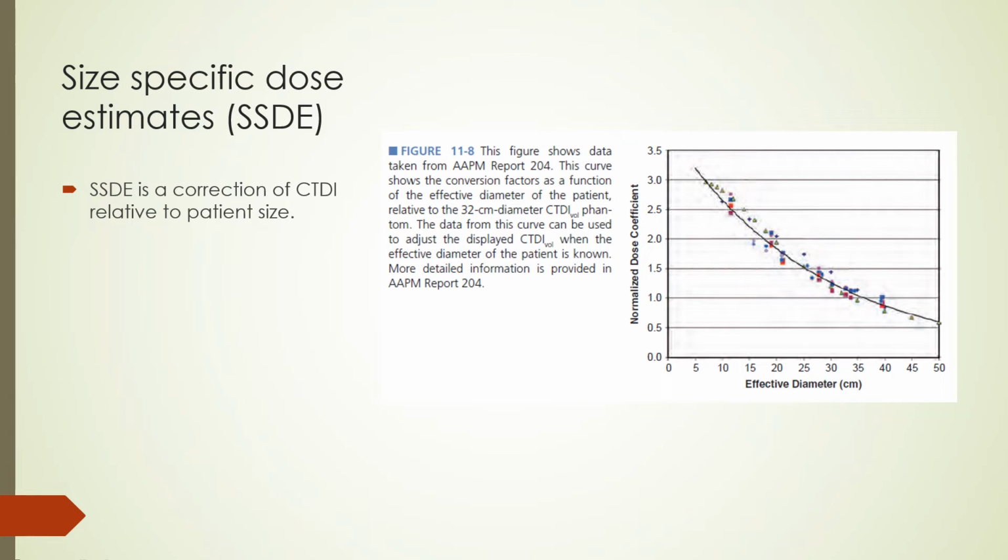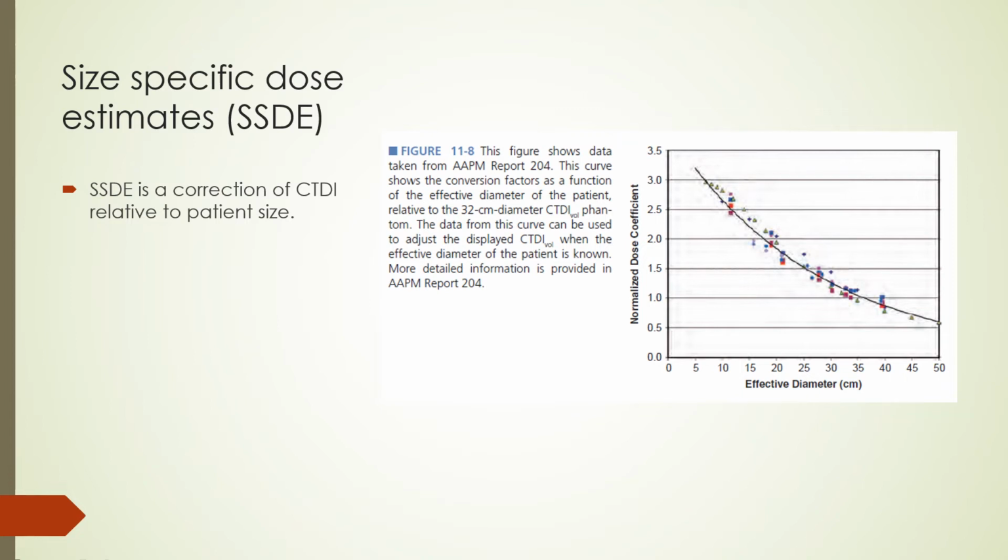For body scans, if the patient is smaller than 32 cm diameter, the patient's CTDIvol is higher than the displayed CTDIvol. If the patient diameter is larger than 32 cm, then the patient's CTDIvol is smaller than the displayed CTDIvol. This is the case for head scans as well, particularly when pediatrics are involved.